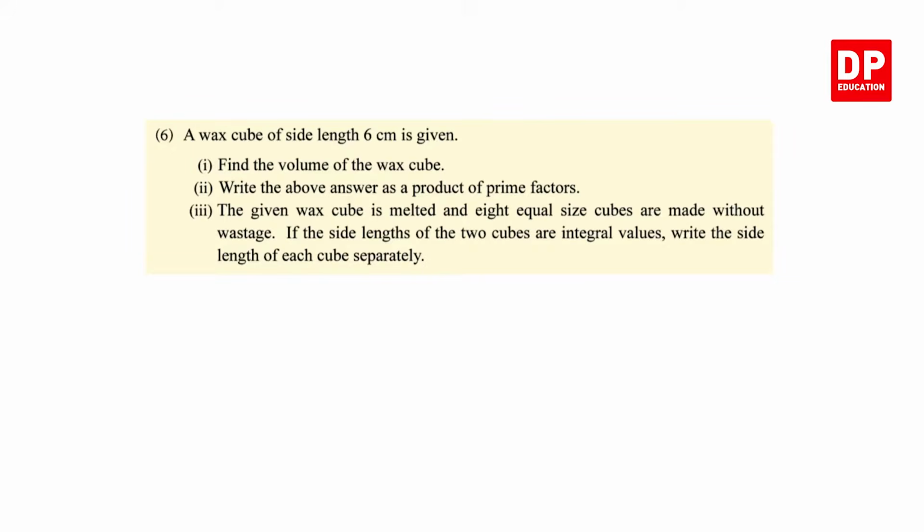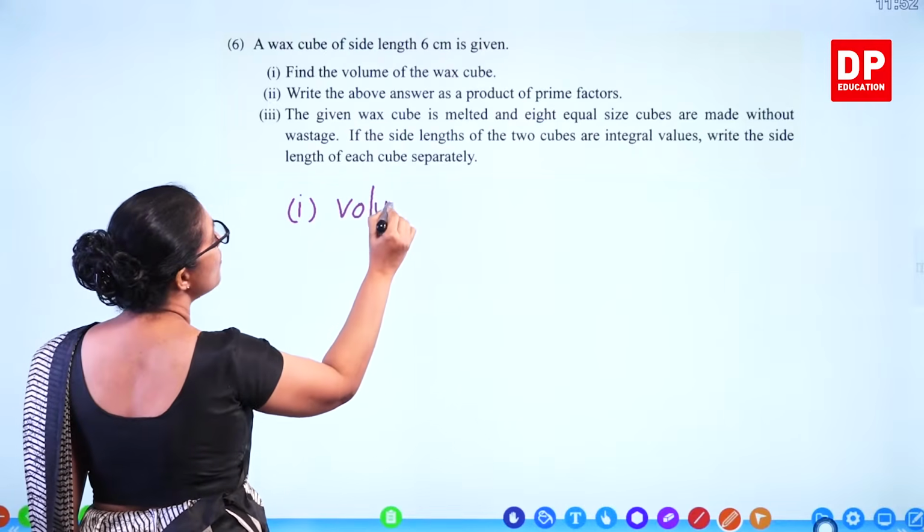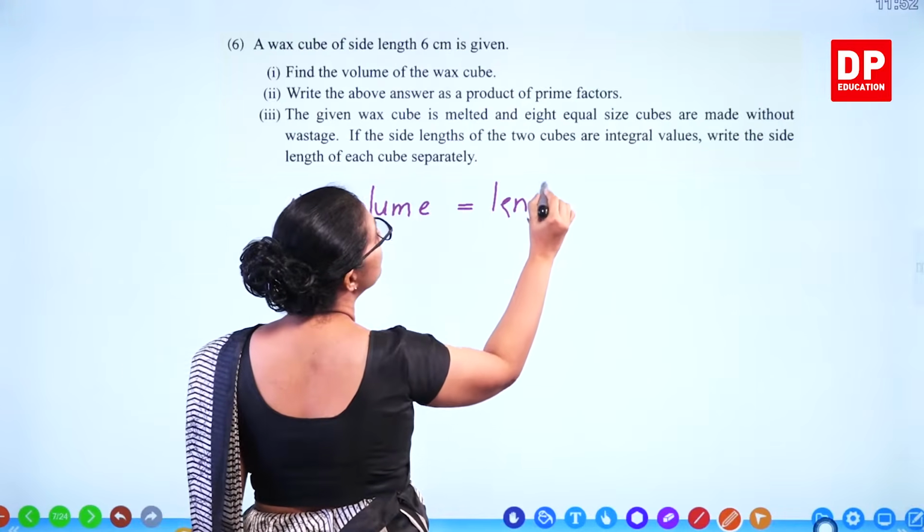A wax cube of side length 6 cm is given. Find the volume of the wax cube. So how do you find out the volume? Volume of a cube, length into length into length.